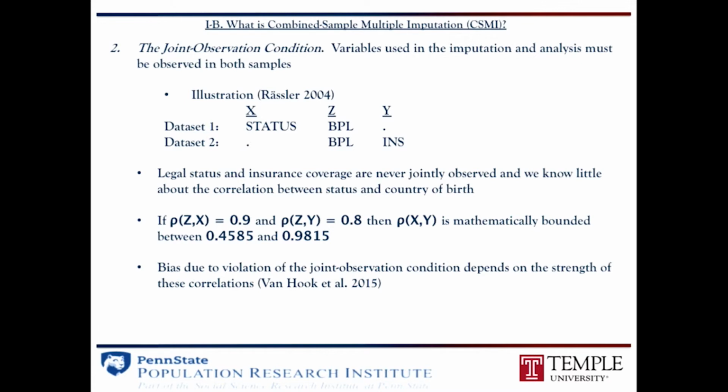So imagine this. Imagine you had a data set where you had socioeconomic status, I don't care what measure it is, and health. You would guess that higher socioeconomic status is related to better health. Then let's say you had another data set where you had undocumented status and education.